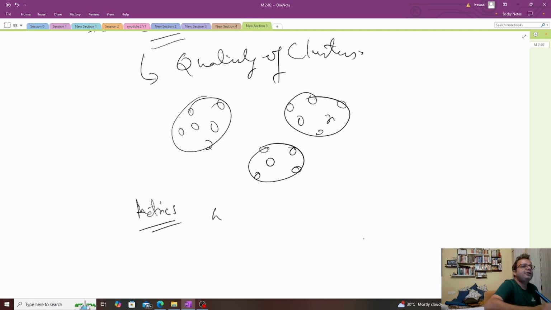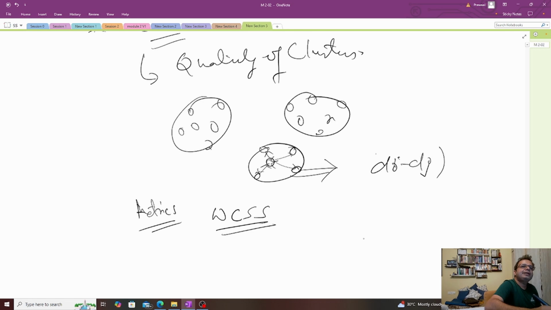One is called within cluster sum of squares. As the name signifies, we need to find out how cohesive these clusters are, how near the points are to each other within each cluster. So for all of these data points, we find the distance between di and dj.